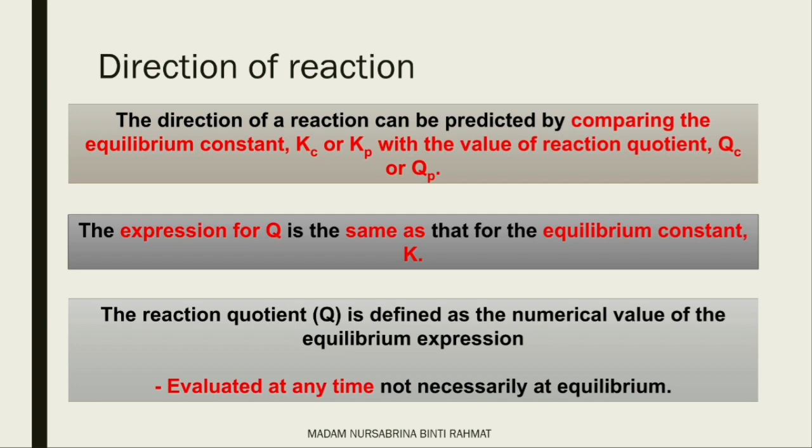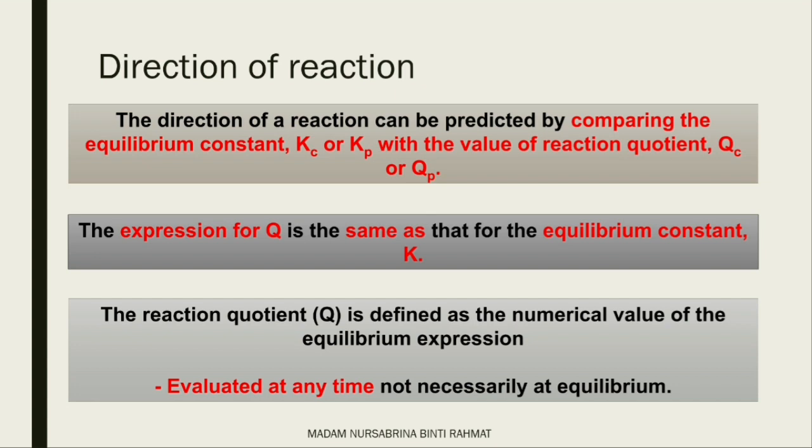The expression for Q is exactly the same as the expression for your equilibrium constant. The rule you always need to remember when writing the expression for both Q and K is that we always remove pure liquids and pure solids from the expression, because their concentrations remain constant over time.